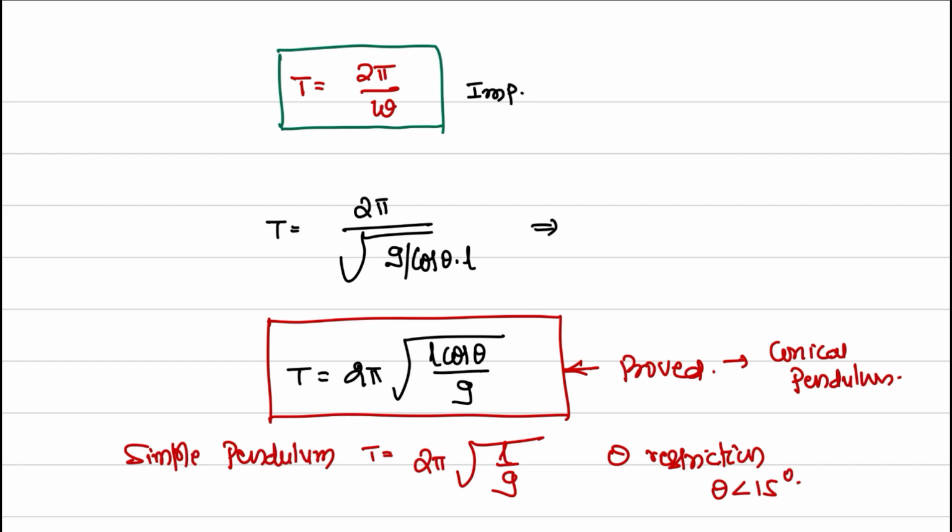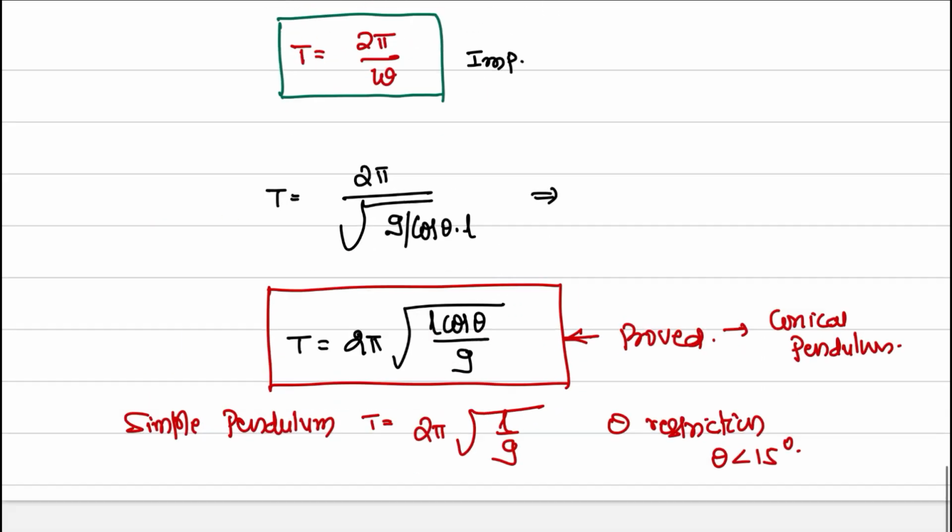Whereas for a conical pendulum, there is no theta restriction. Here we will have some conclusions. Some good conclusions let us have. It is not only that physics is a formula to be derived and understood. T is 2 pi square root of L cos theta by g.